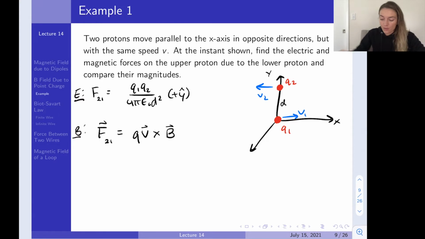To find the magnetic force on Q2 due to Q1, it's the magnetic field due to Q1, but the charge that's feeling the force is Q2. So this Q and this V are both Q2's charge and velocity, Q2 and V2. Now we want to find the magnetic field due to the first charge at the location of the second charge.